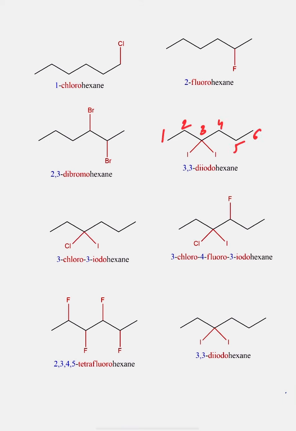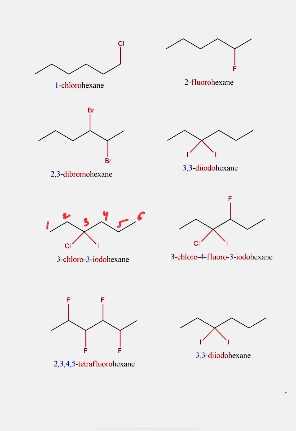So if I number from the left, I get 2 iodines at carbon number 3, but if I number from the right, I would get at carbon number 4. So this is correct. That gives you the name 3,3-diiodohexane. What about here? Here you have 2 halogens, which are different, chlorine and iodine. And here the numbering from the left is probably correct, because they are looking more towards left. So it's 3-chloro, 3-iodo.